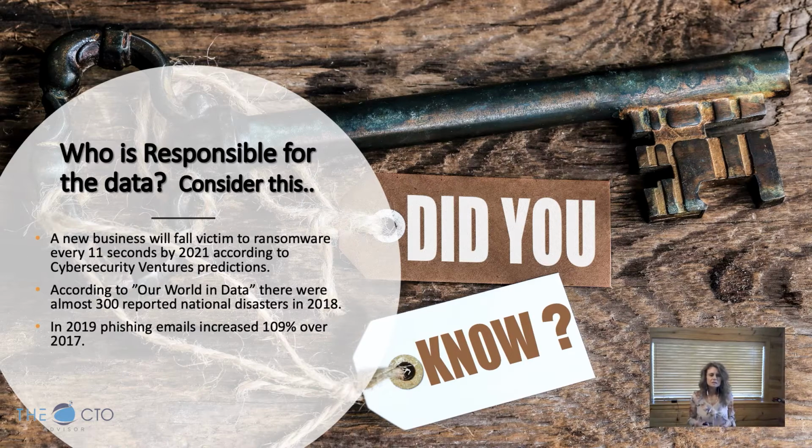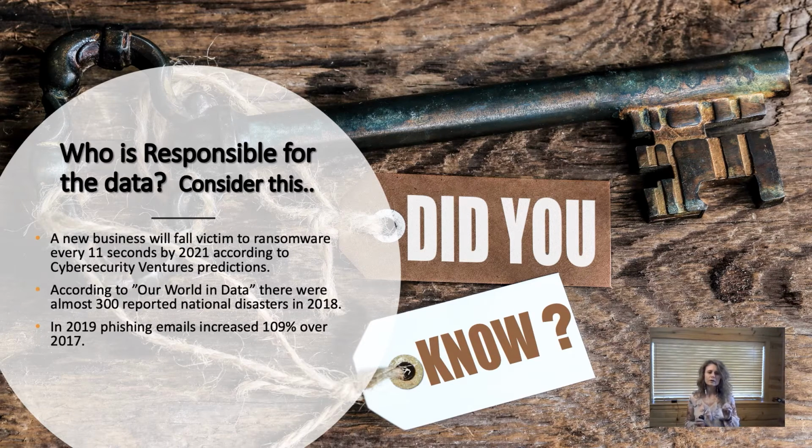When it comes to email, in 2019, phishing emails increased 109% over just 2 years prior. And phishing, of course, is out to seek your data, but sometimes they include links that take you to malware and ransomware infected sites.